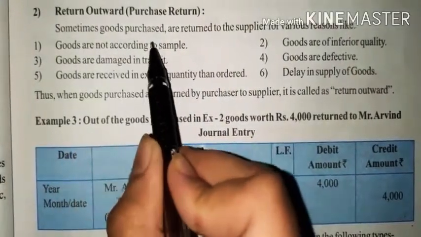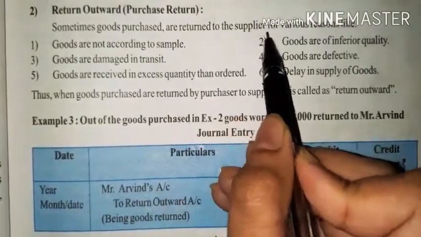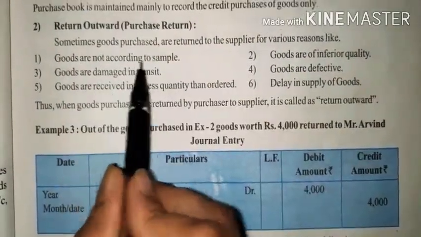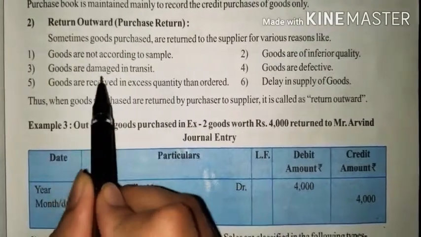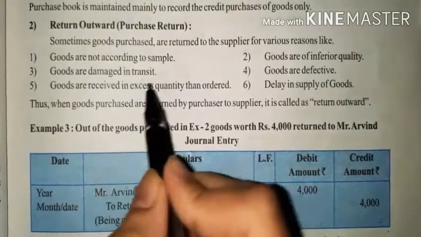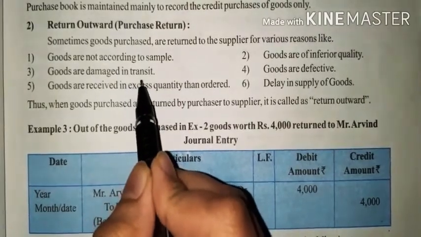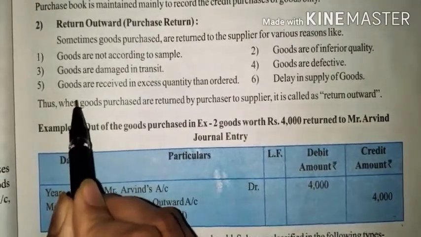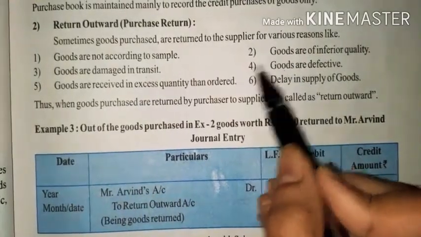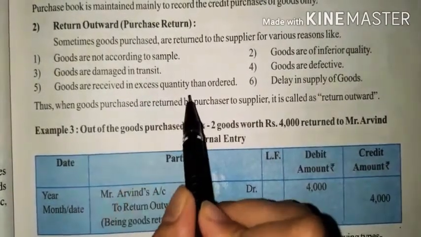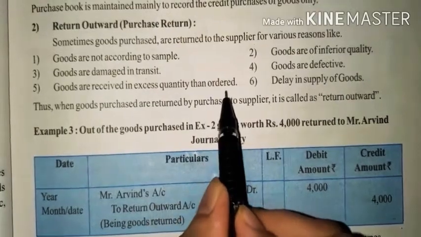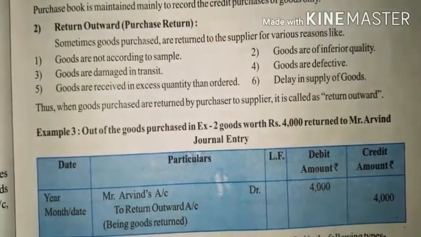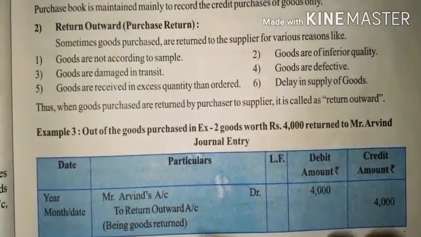Sometimes goods purchased are returned to the supplier for various reasons, like goods are not according to sample, goods are damaged in transit, that is, while moving from one place to another place, which is called transit. Goods are received in excess quantity than ordered. These are the reasons why goods are returned back to the supplier.